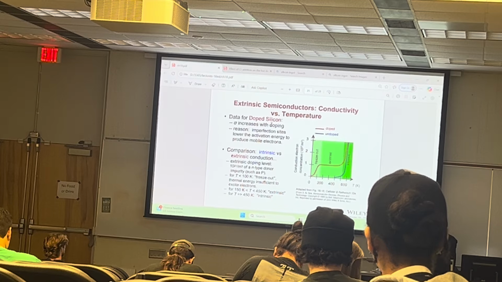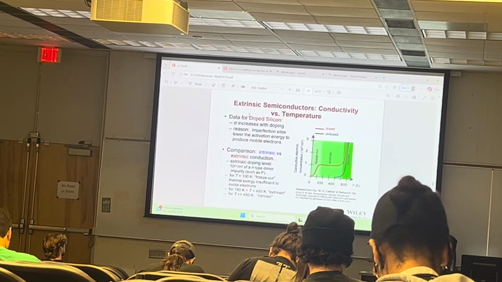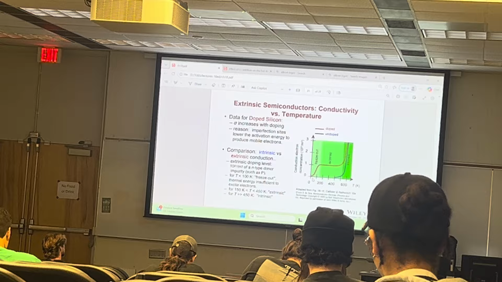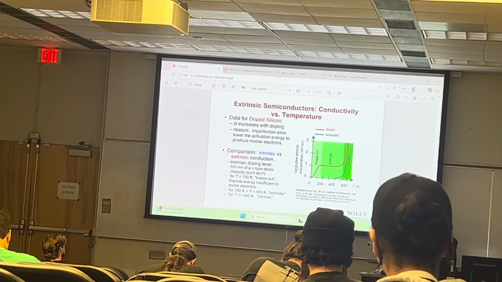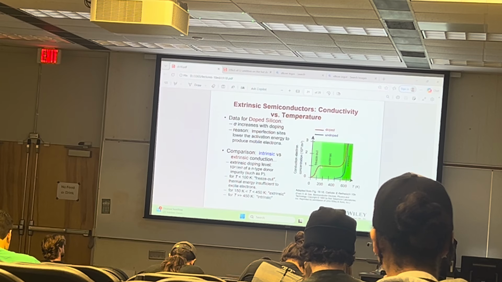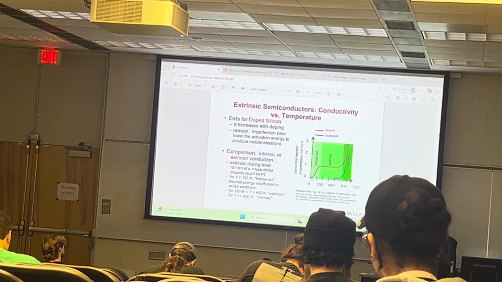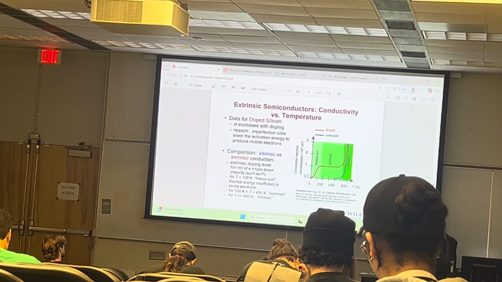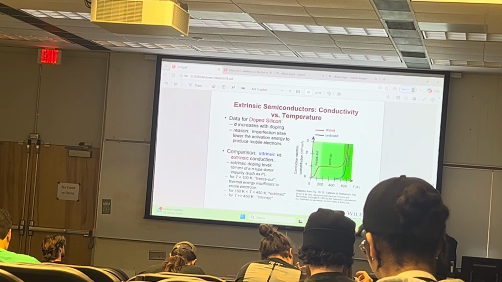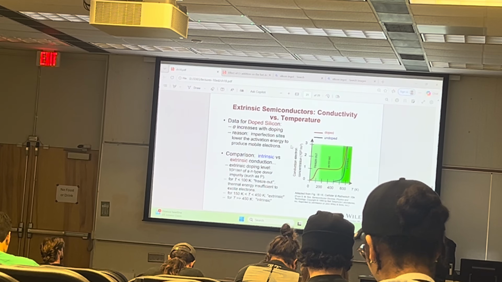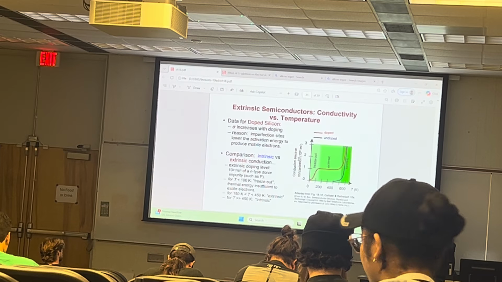Okay, extrinsic semiconductors, conductivity versus temperature. This is doped silicon. It's a plot of conduction electrons versus temperature. And you can see that the curve is heavily nonlinear. There's a freeze out point, there's extrinsic, and then there's intrinsic. And you can see that the conductivity is increasing with doping, and it's because the imperfection sites lower the activation energy to produce mobile electrons.